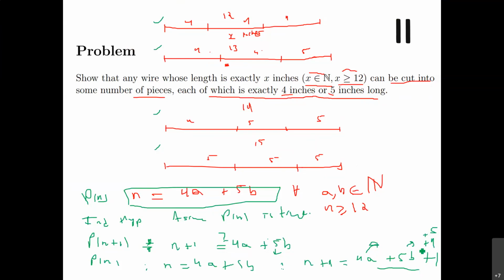But if we only use simple induction, if we only have P of n is true, that's not going to be enough. So this is our first problem where we're actually going to need strong induction. So we're simply going to say in our induction hypothesis that P of n is true up to n.